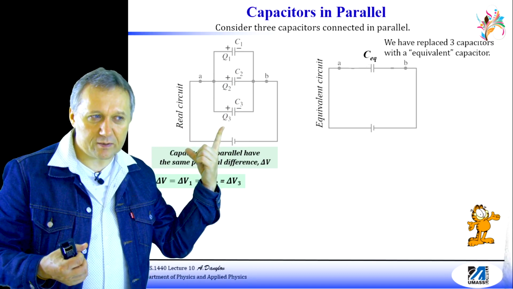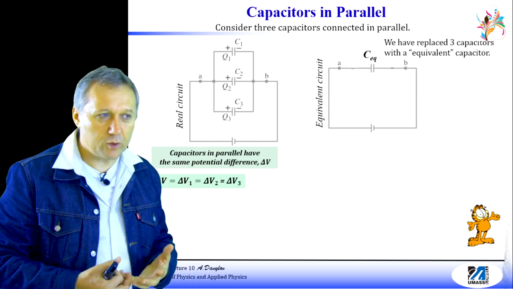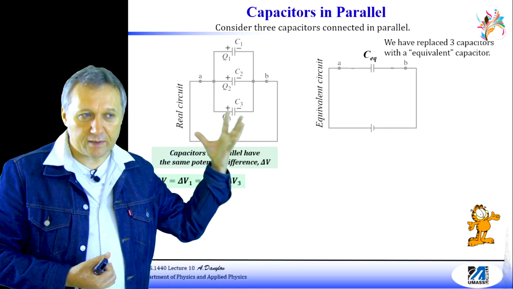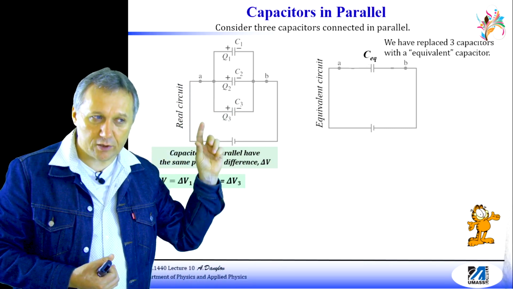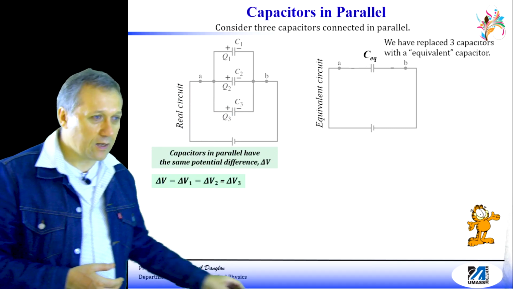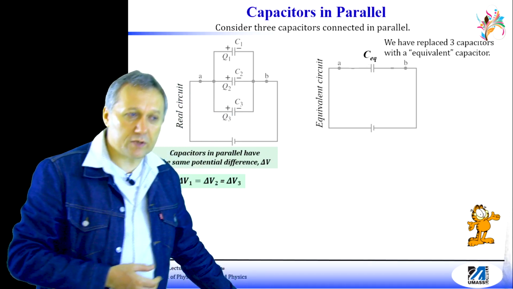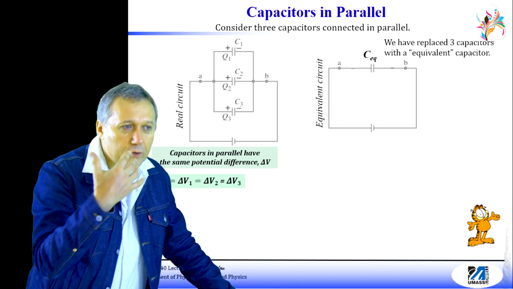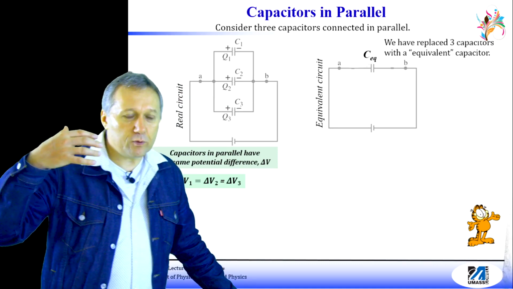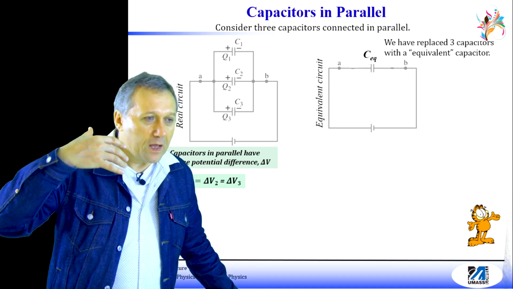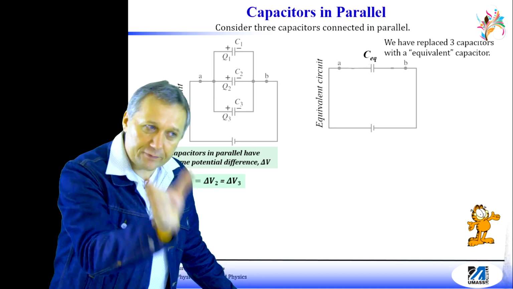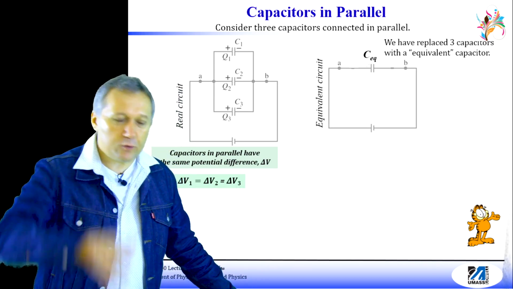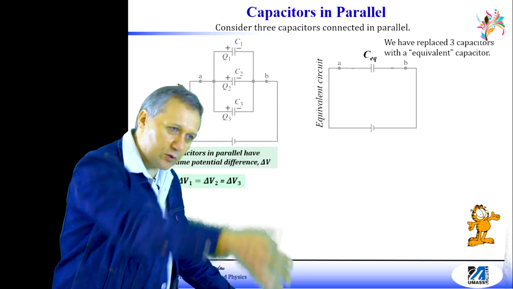So that's what you have to say in order to convince yourself that elements are connected in parallel. When potential difference across elements stays the same all the time, those elements are connected in parallel. You can apply it not just for capacitors. Also, in a few classes, we will apply the same for resistors. If potential difference across resistors stays the same all the time, they're connected in parallel. If you attach motors, exactly the same, so parallel.